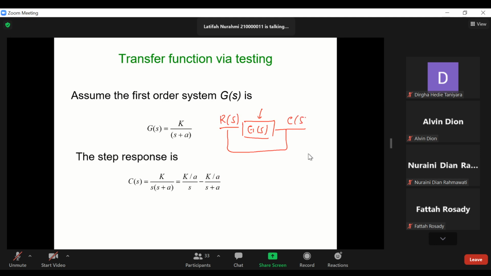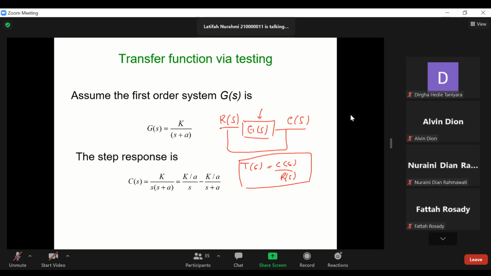So when you solve the problem that you learned last week or a couple weeks ago, you get T(s), the transfer function here, which is simply the output divided by the input. This is what we solved previously.